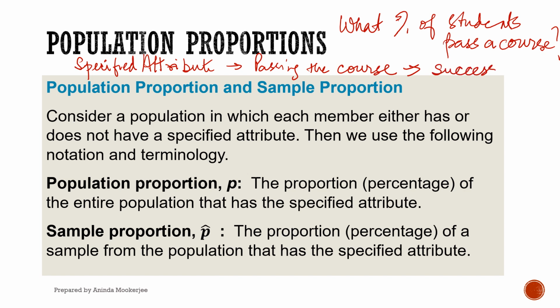That means we have obtained a response which was a yes to passing the course. That means we obtained a success. All right, somebody met that particular characteristic, or a certain percentage of students met the particular characteristic. So we'll go further into it. We'll talk about how to calculate the proportion from the yes responses and so on in the next few slides.